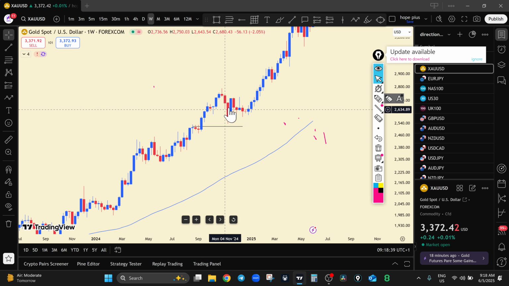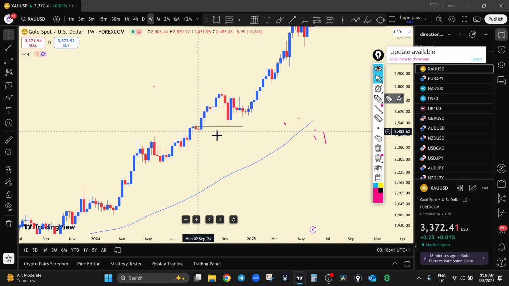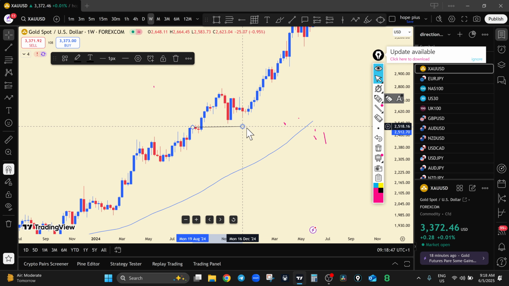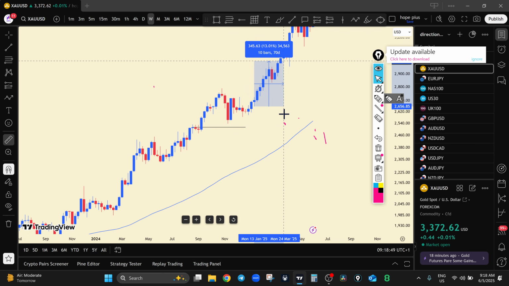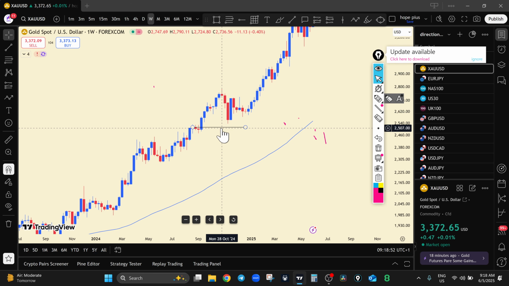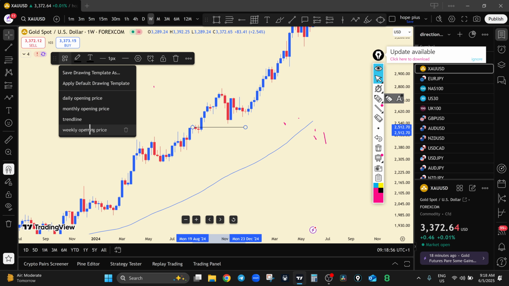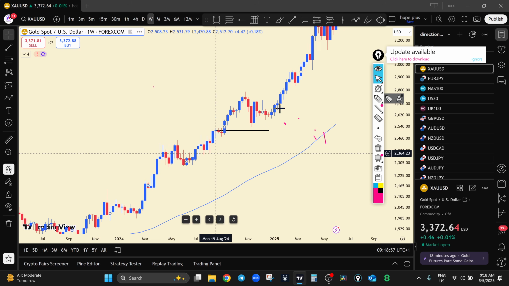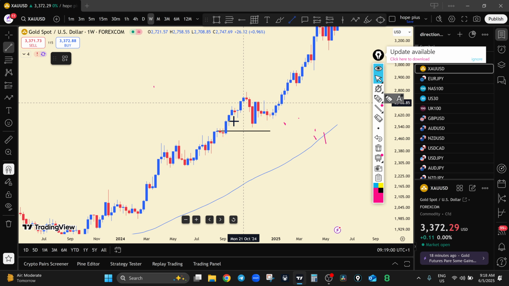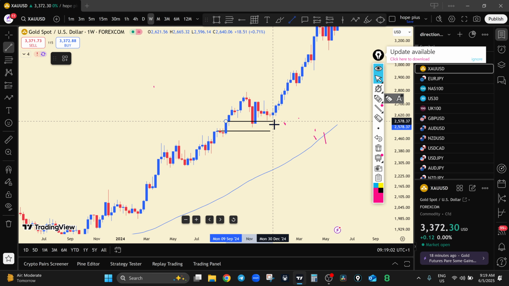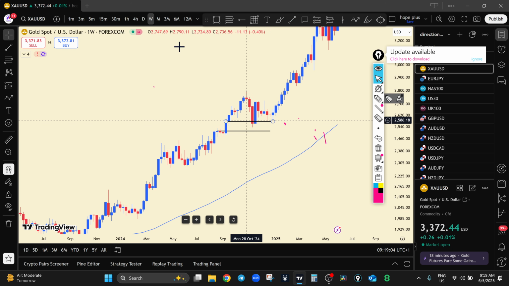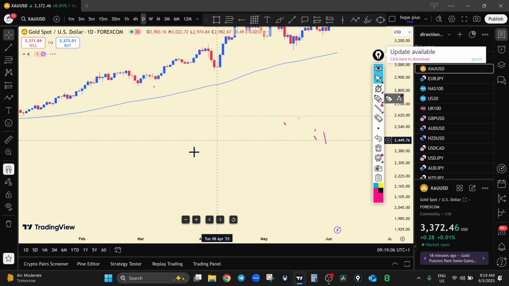So when it closes above the resistance, all you need to do is to start looking for trade entries around the opening price. In this case, let me change this to weekly. So one of the ways is we can see how price returns back to this area. Now, this area where you start looking for trades.